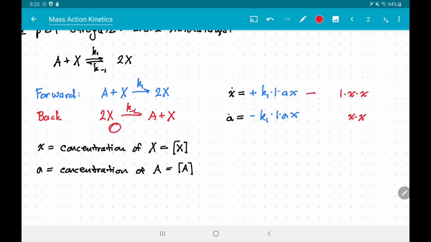There are no A's on the reactant side, but there is an A on the product side. That means that we have produced 1 unit of A. Then the constant of proportionality is given there. So that's how to translate the forward and backward reactions into terms in these differential equations.